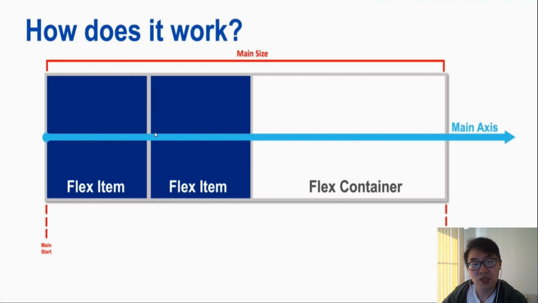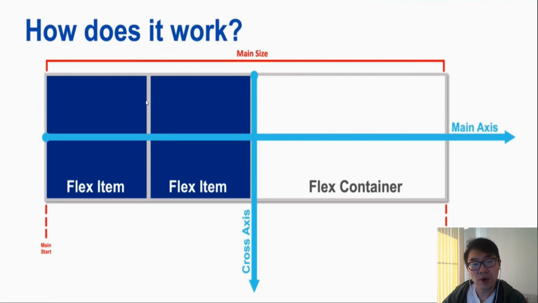Also, what you need to be aware of terminology-wise is the concept of the main size. This is essentially the size of the container based on the direction of the main axis. For this example, the main size happens to be the width of the container.